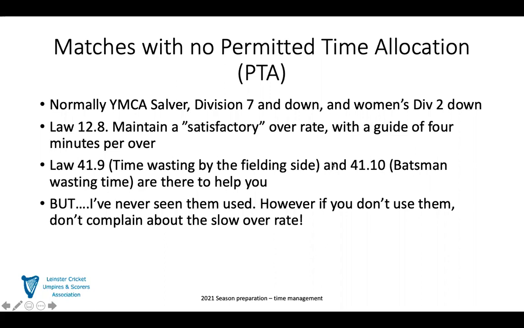I have a question there for you, Paul, from Ashish Sharma. If regs talk about no PTA for a particular match, do they overrule Law 41 or not? They'd be the same in as much as, so the playing conditions for these games would be pretty much identical to the law.